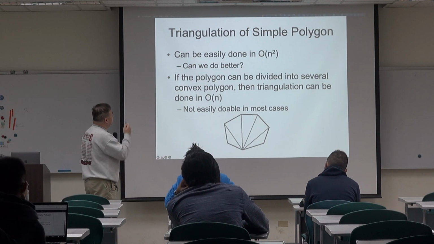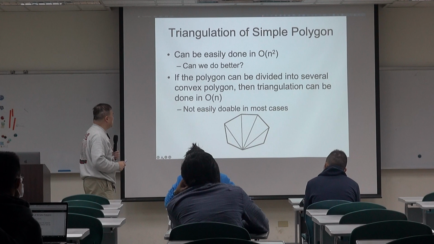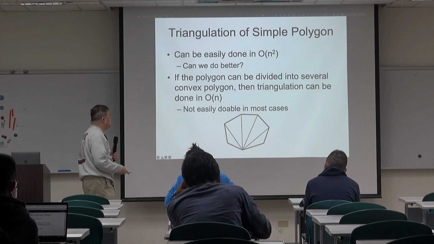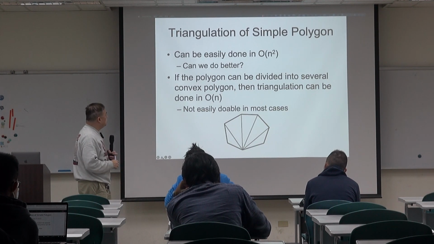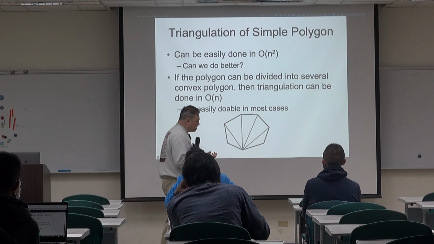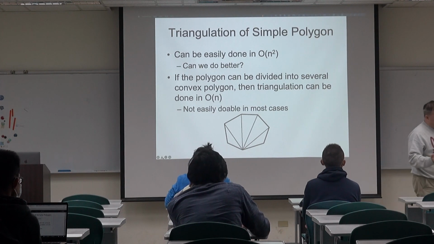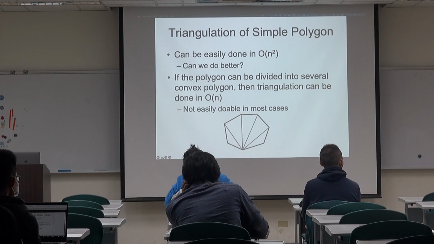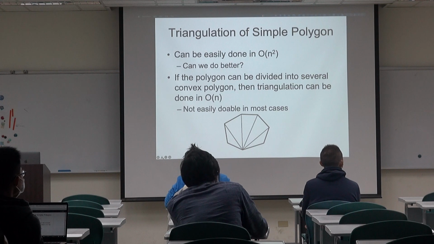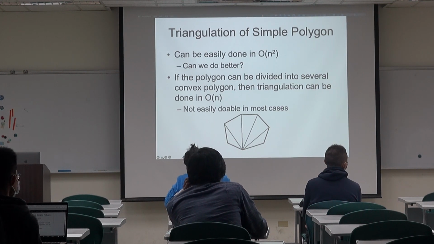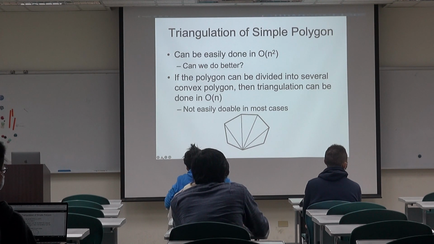We want to be able to triangulate this simple polygon faster than n squared. So the first thing that came to our mind is that we are able to do the convex polygon very quickly, right? Remember, for a convex polygon, you just need to introduce diagonals from a given vertex, and then you are done, right?